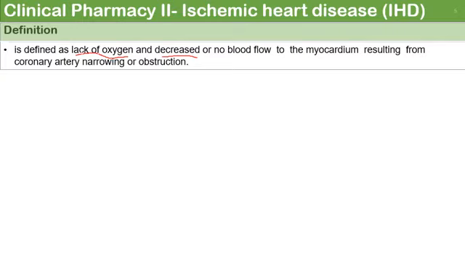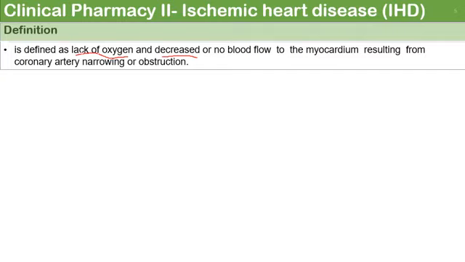That means there is no oxygen or an insufficient oxygen supply reaching the myocardium, which is a muscle that requires oxygen for energy production and to continue its function of contraction and relaxation to pump a sufficient amount.